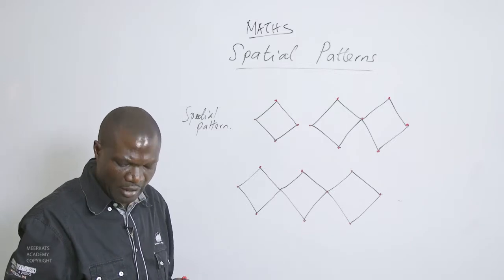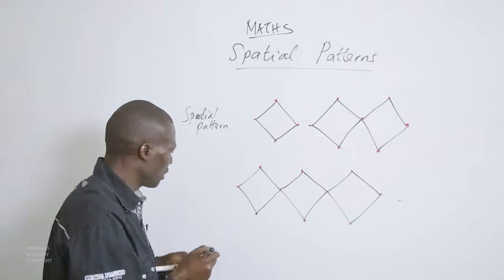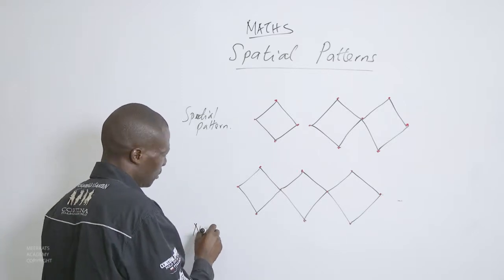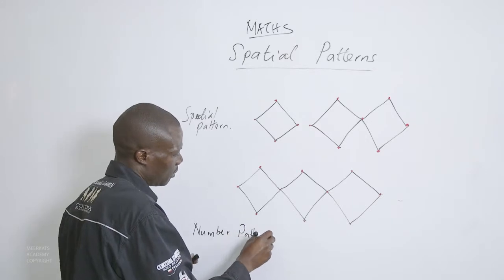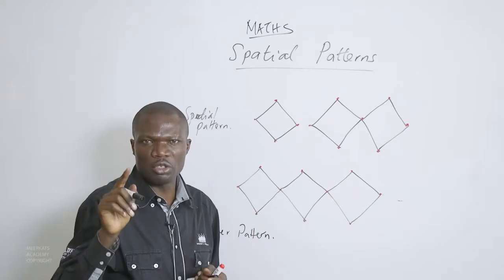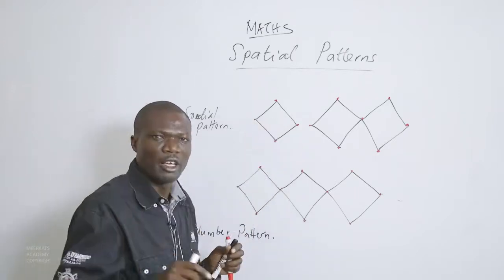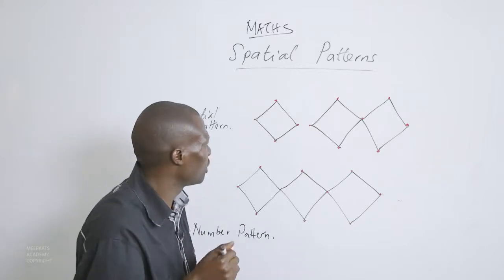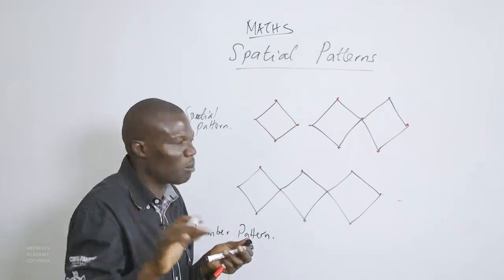But the same can be represented using what we call the number pattern. Now, between the dots, I want you to take that to be sticks, such that in this first one, it is formed by 4 sticks. So the number pattern, what I have below it, is the number pattern.